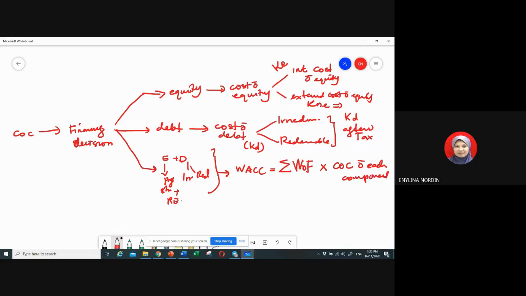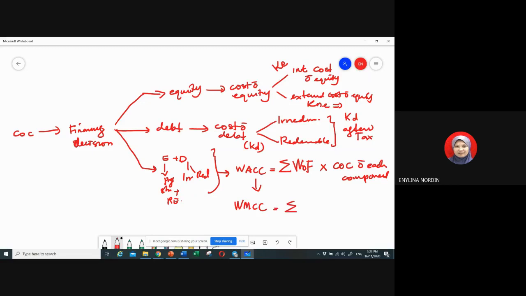If it involves the issuance of new shares or new stock, where the company may not have enough retained earnings to finance the new project, the company will issue new shares. That means the company will calculate the weighted marginal cost of capital.